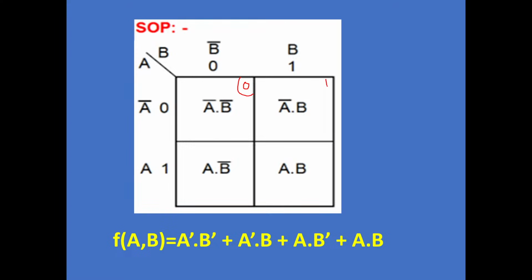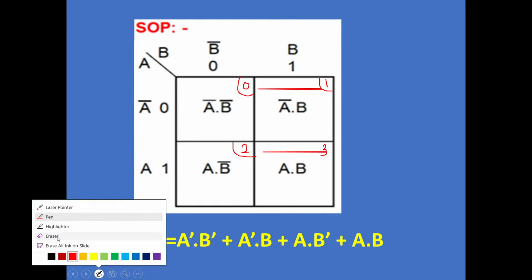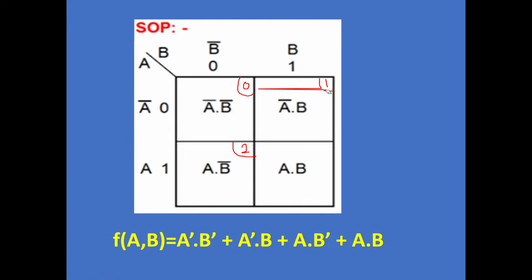For this box, 1, 2, 3. Okay, 0, 1, 2, 3. So now you can write down all the products and you can add them.